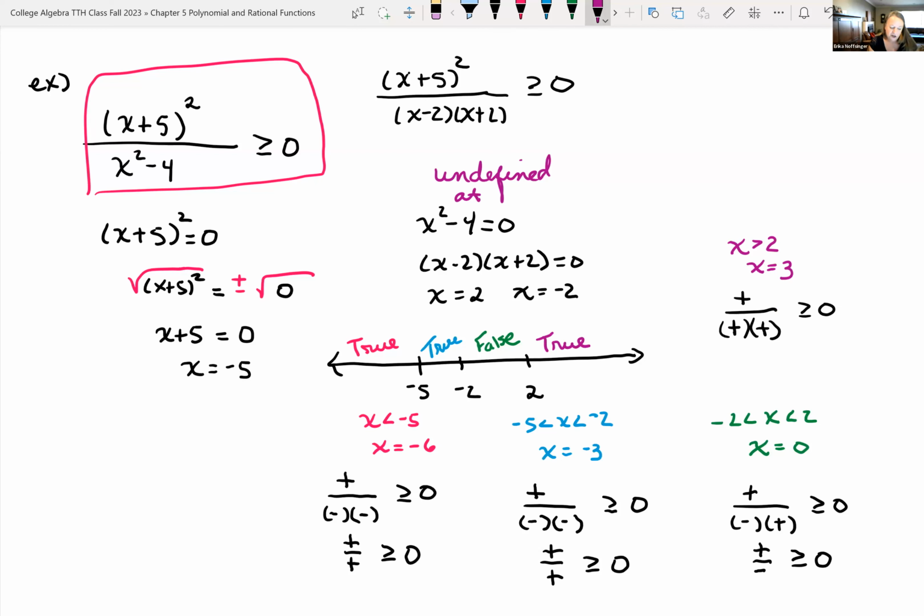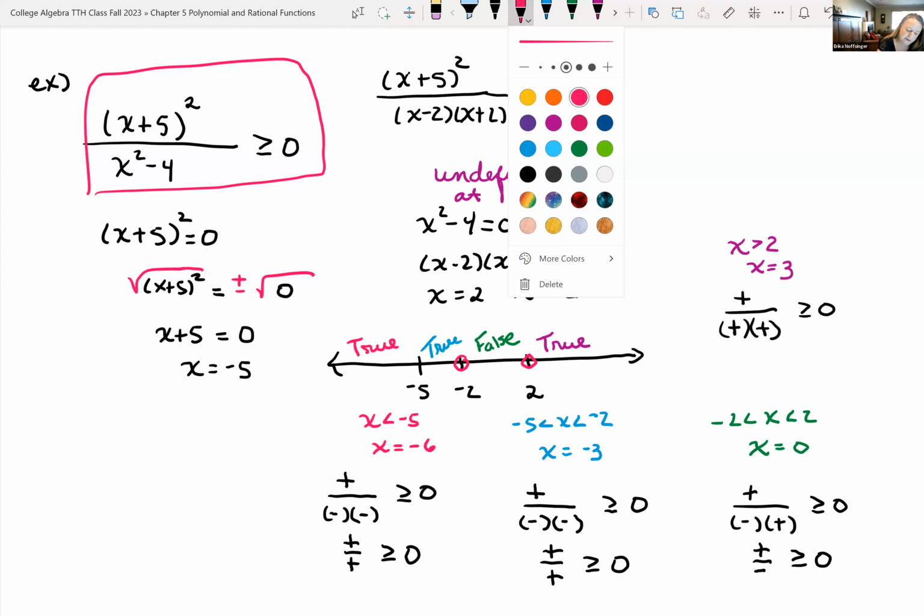So I'm going to include my critical numbers that set the numerator equal to 0, but I cannot include the values which set my denominator equal to 0 because those are undefined.